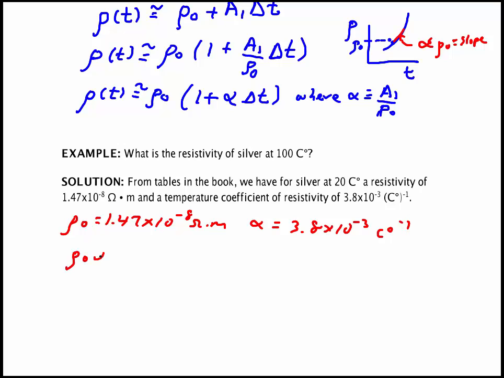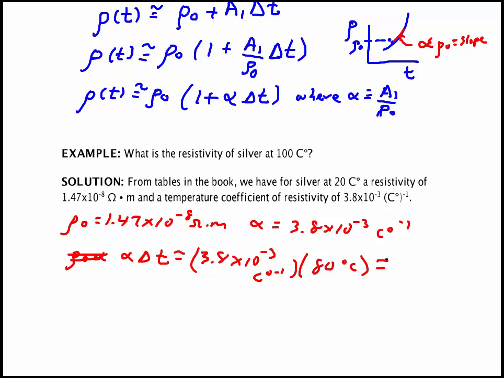Let's first do alpha delta T. Alpha delta T is 3.8 times 10 to the minus 3 per degree C times 80 degrees C. That's the change from 100 minus 20.